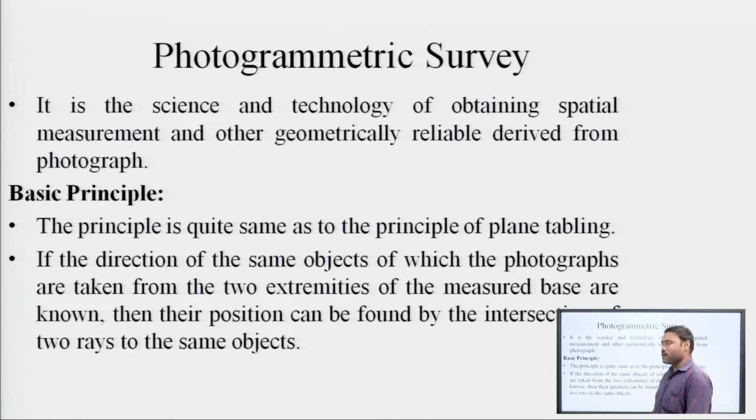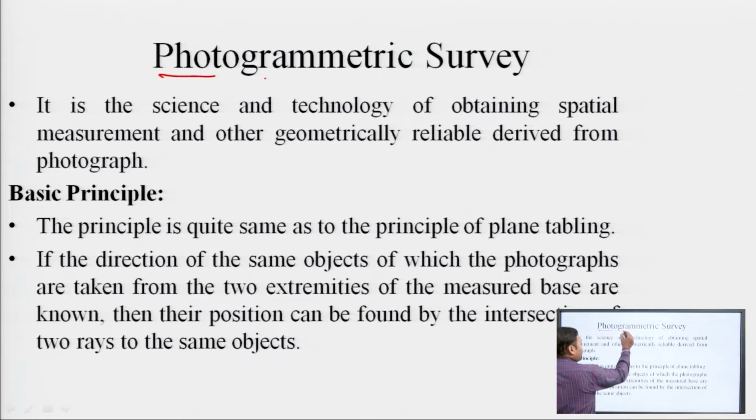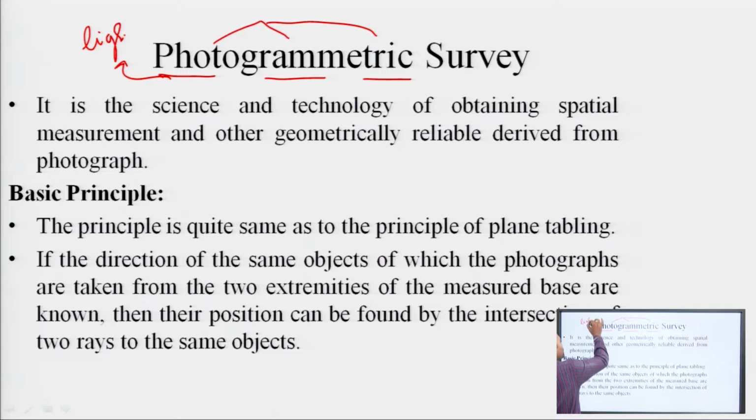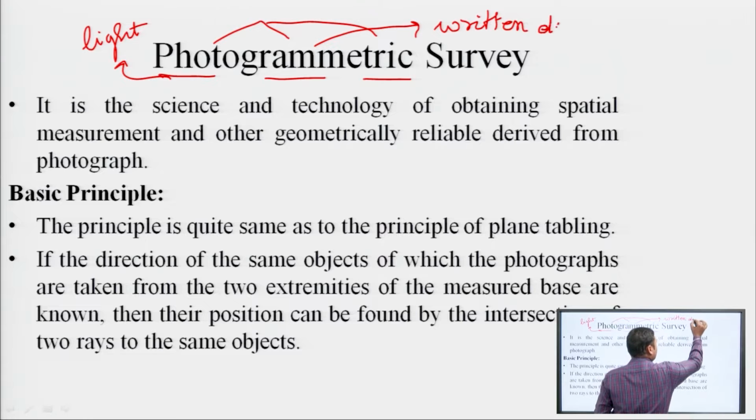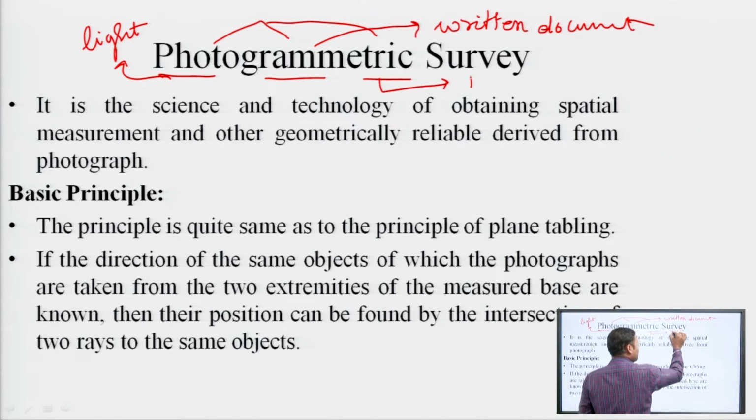Now, talking about photogrammetric survey, basically photogrammetric is made of three different words. Photo means light, grammetric means a written document, and metric means measurement.